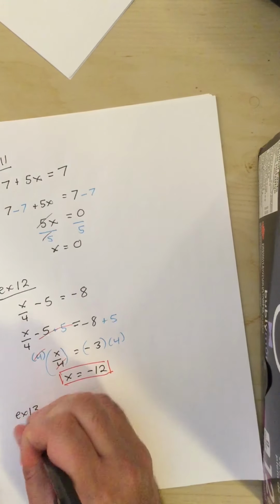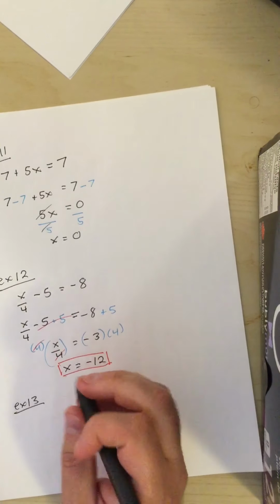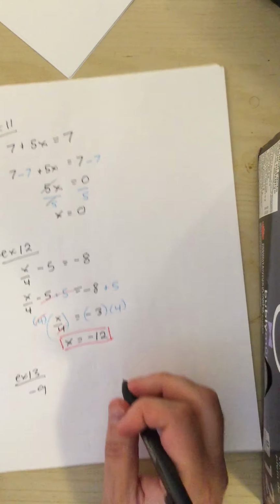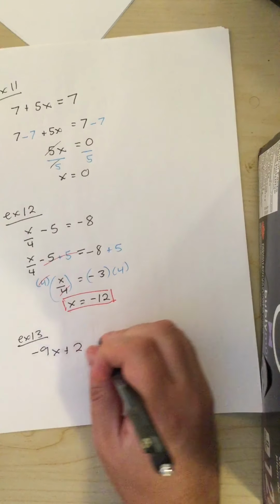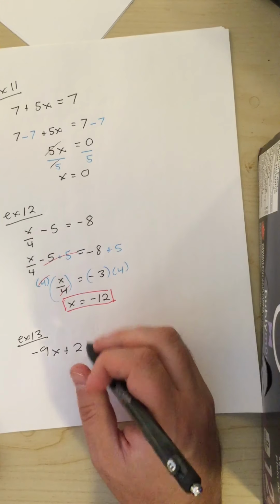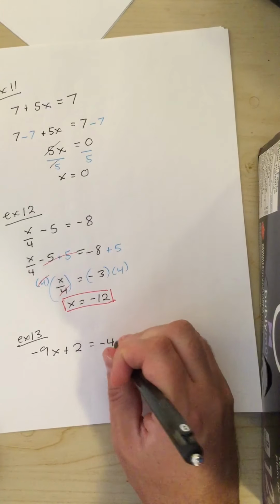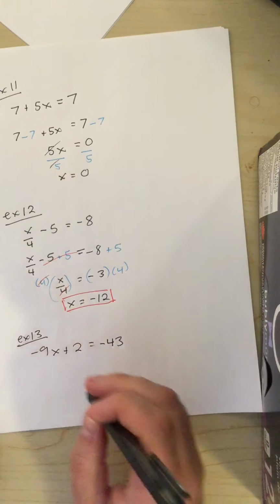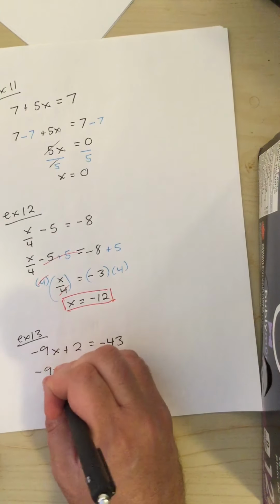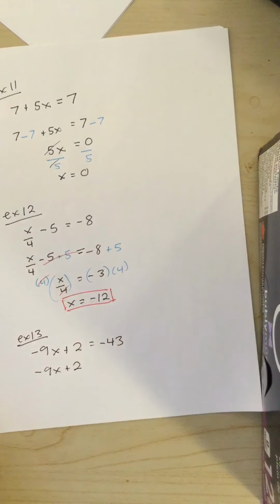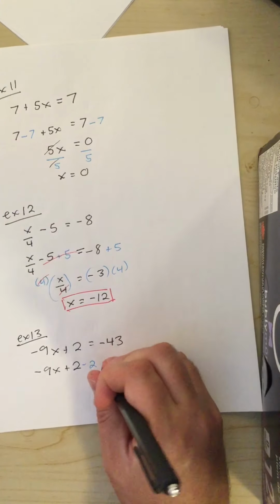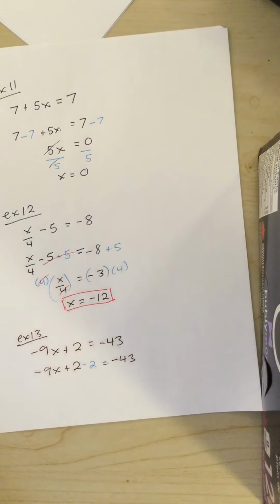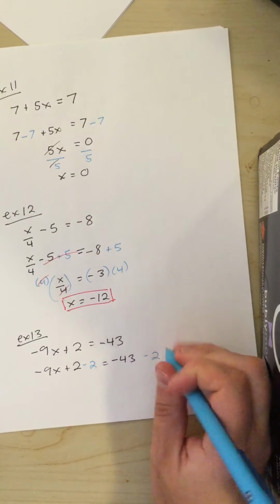Example 13. Minus 9x plus 2 equals negative 43. So what am I going to do to both sides? What I'm going to do is subtract 2. I'm going to get rid of that first. Minus 43 minus 2.